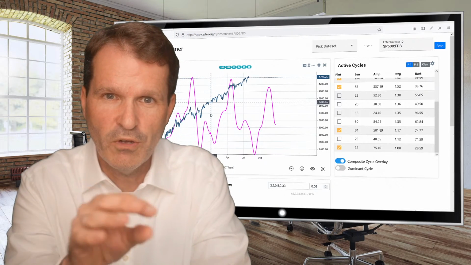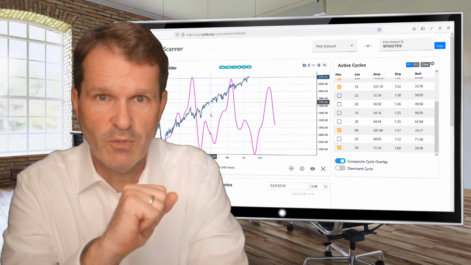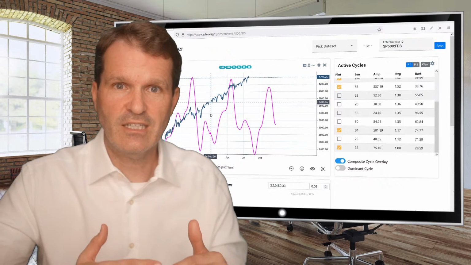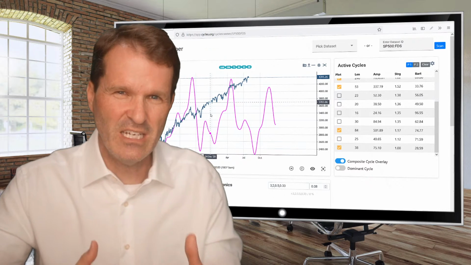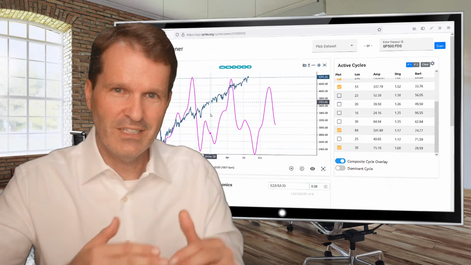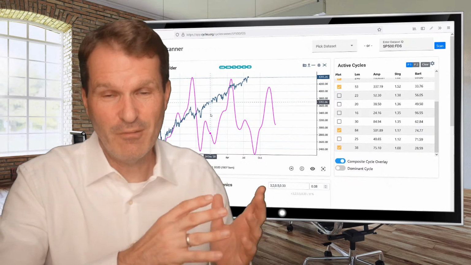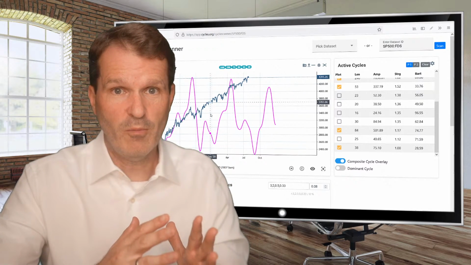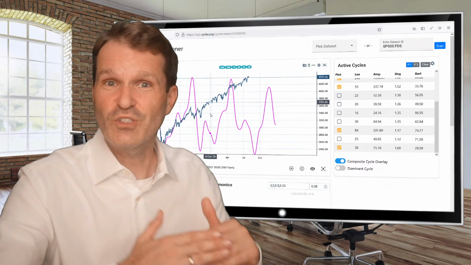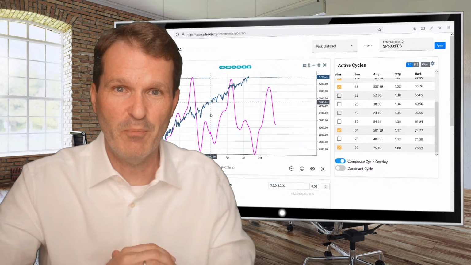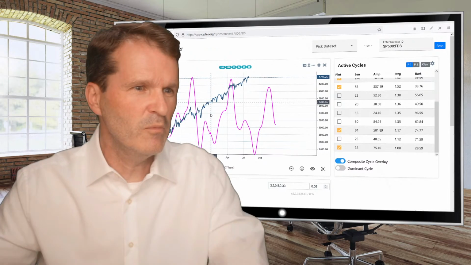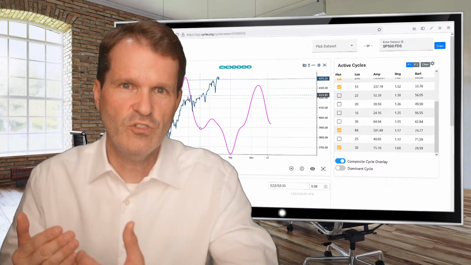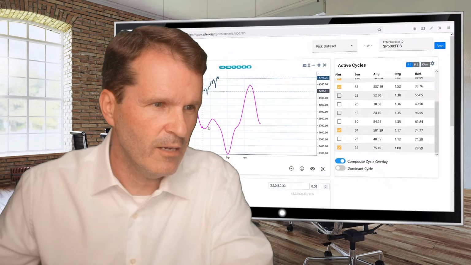We need to know if a composite projection or a dominant cycle was in sync with market behavior in the past. And with the global market, it hasn't been in sync. So it's again the opposite, like the Bitcoin, the crypto is nicely in sync with the dominant cycle right now, as it was always before the parabolic moves. The global market, we need to see when it gets back into sync with cycles again.